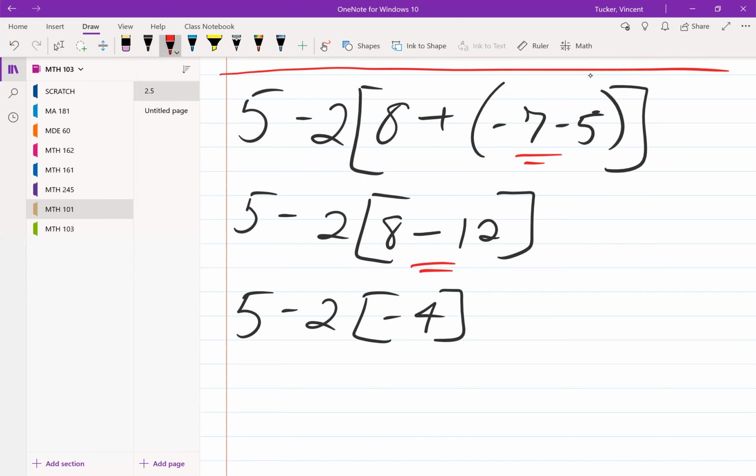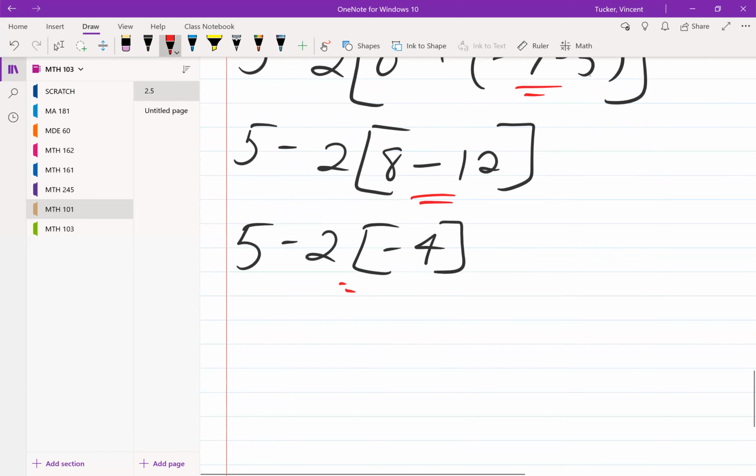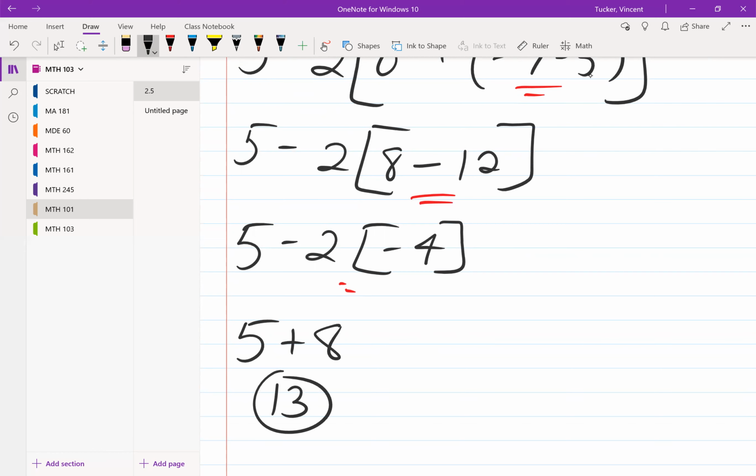Now we have -2 times -4. Remember, if a number is right up against the grouping symbol, that implies multiplication. So that'd be a +8, and 5 plus 8 is 13.